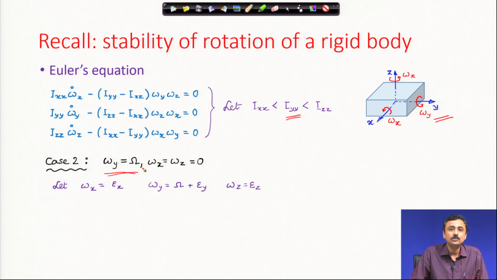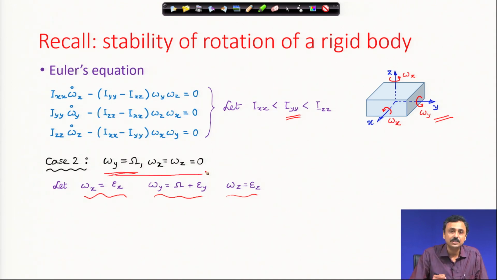When we want to study the stability of this spin state for this unsymmetric body, what we do is we perturb the actual angular velocity, and we see what happens to this angular velocity vector. How does it evolve? How do the perturbations evolve? This is how linear stability is done. So, we are studying the linear stability of this system about the intermediate axis, the spin about the intermediate axis.